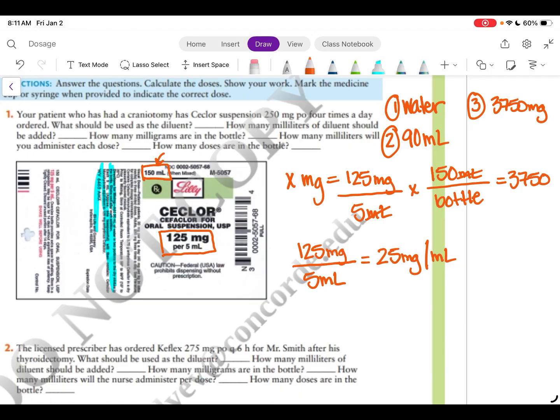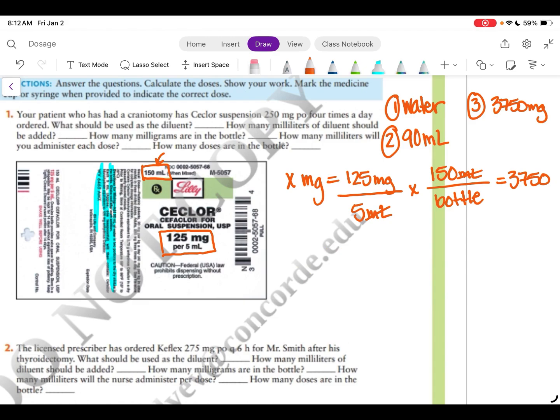And then you can take that 25 and multiply it by the 150 milliliters to get how many milligrams are in the bottle, and you'll get the same 3,750. Okay? All right. I'm going to erase this part. And let's move on to the next question.